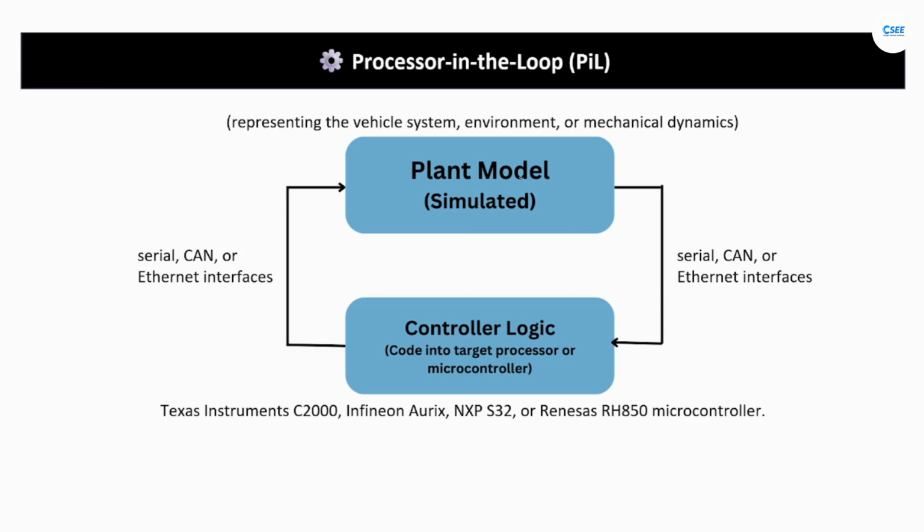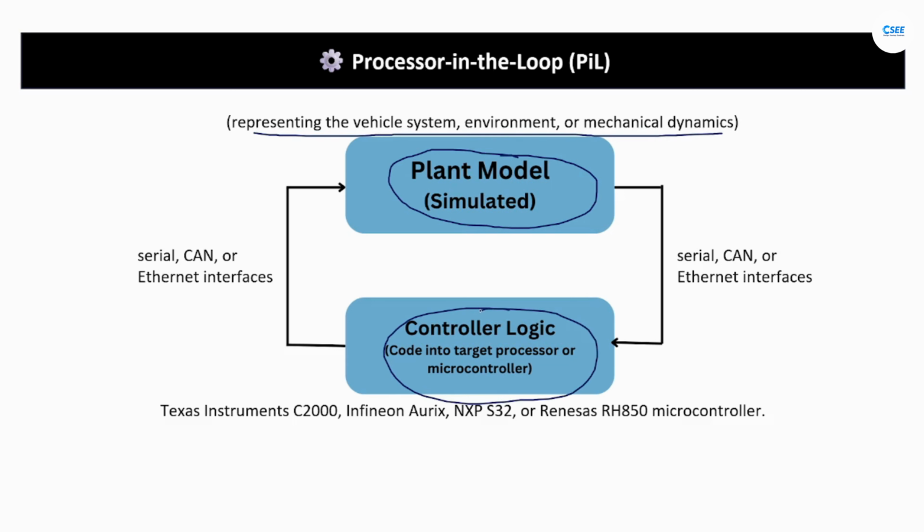The plant model representing the vehicle system, environment or mechanical dynamics runs on a PC. The controller software runs on the target processor, for example, a Texas Instruments C2000, Infineon AURIX, NXP S32 or Renesas RH850 microcontroller.